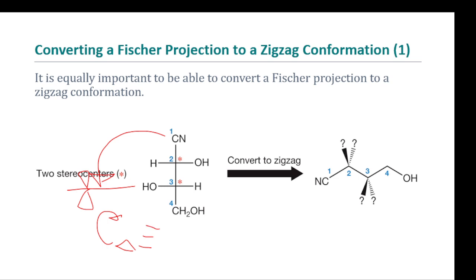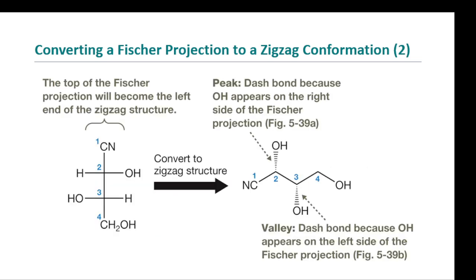So when we convert this, we rotate it so the cyanide is lying flat, like so. And then we rotate it the other way so that these are pointing upwards. The reason we rotate it so they're pointing upwards is because this gives us this valley right here.